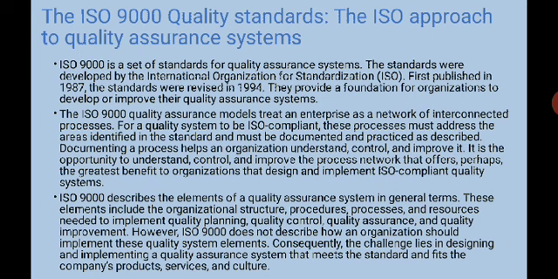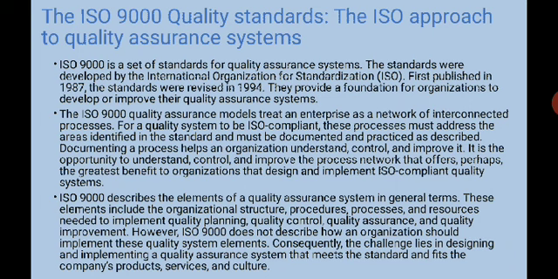The ISO 9000 quality assurance model treats an enterprise as a network of interconnected processes. For a quality system to be ISO compliant, these processes must address the areas identified in the standard and must be documented and practiced as described. So what does the ISO 9000 standard imply?